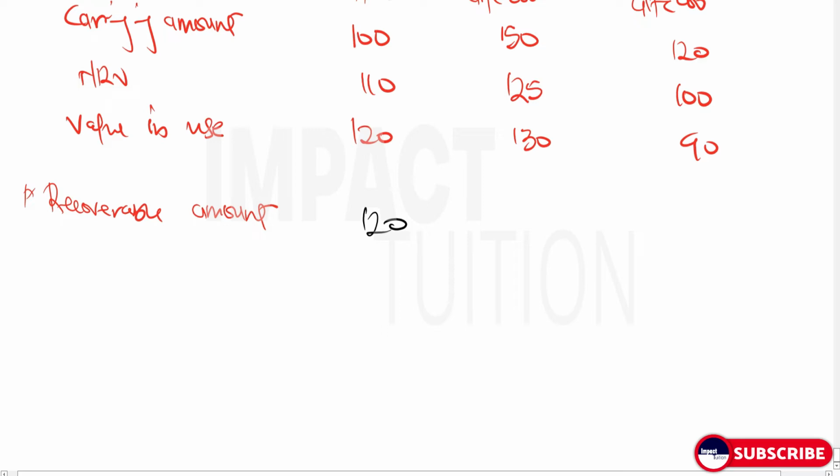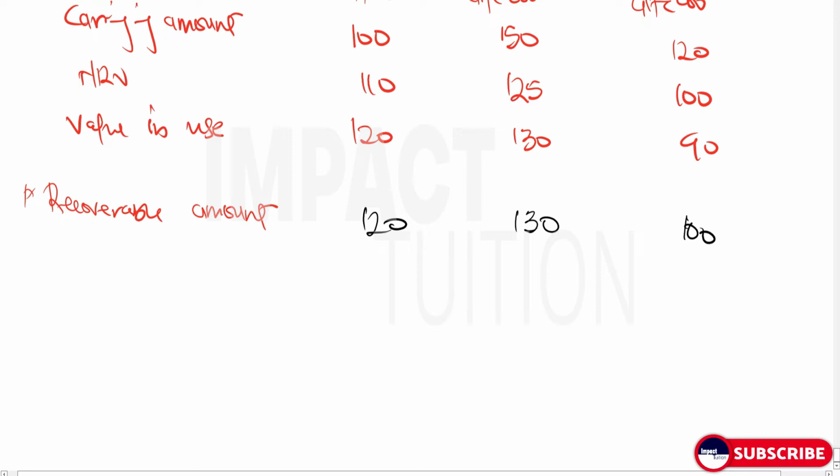Asset B, recoverable amount is the higher of 125 and 130, which is 130,000. For asset C, the recoverable amount is the higher of 90 and 100, so the recoverable amount is 100, which is the net realizable value. We are done with the first part.